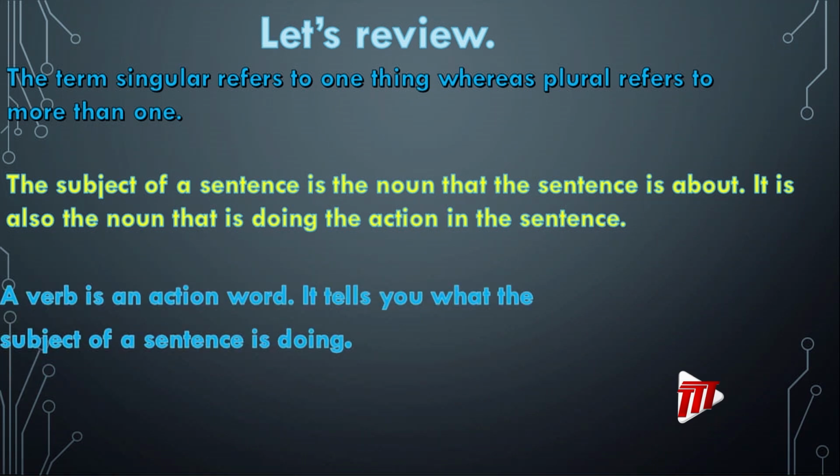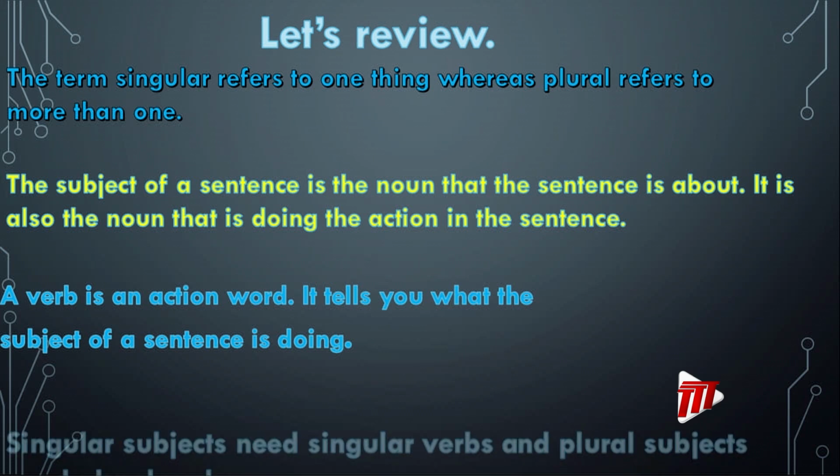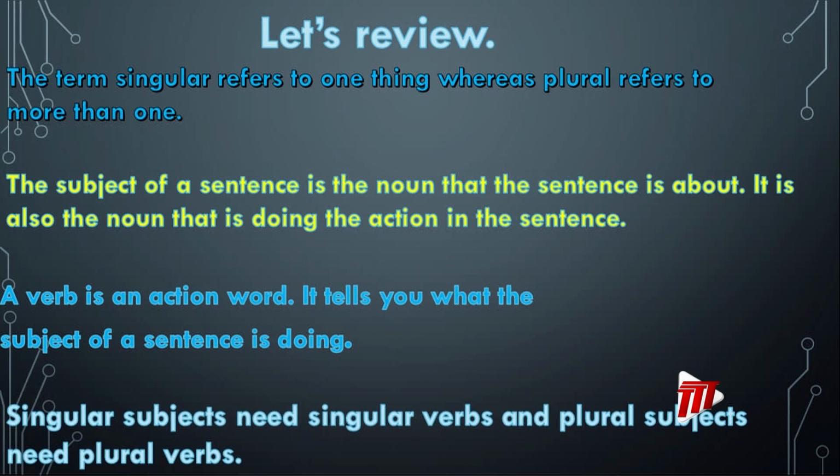And we have a verb as an action word, and it tells you what the subject of a sentence is doing. So whatever action is being taken in that sentence, that will be something that would qualify as a verb. Right? So we have singular subjects need singular verbs, and plural subjects need plural verbs. Another very important thing to remember. So make sure that you have your subject and your verb agreeing with one another.